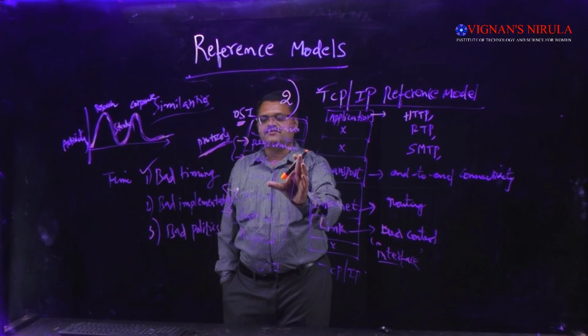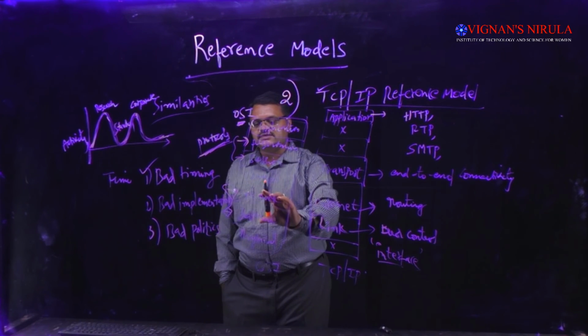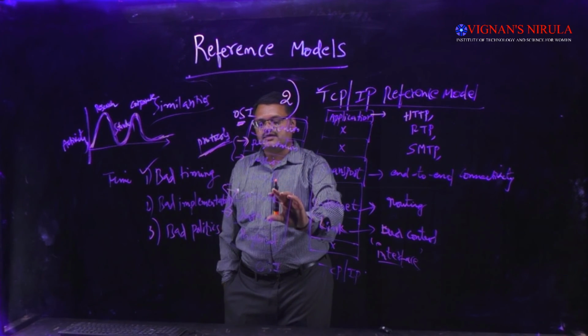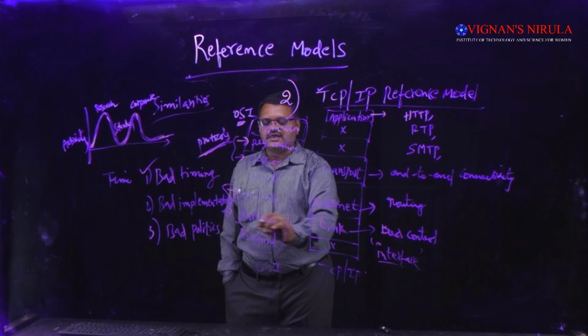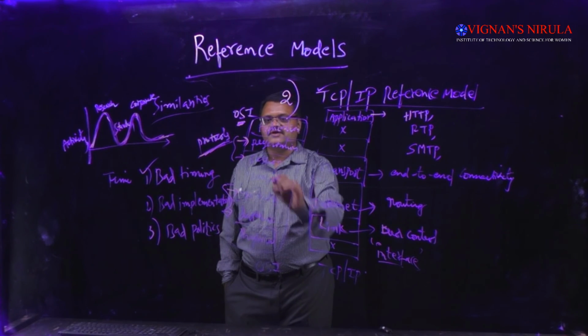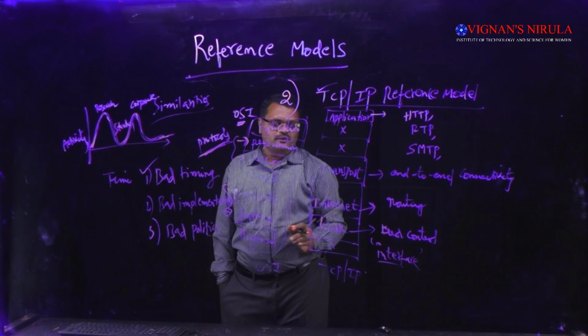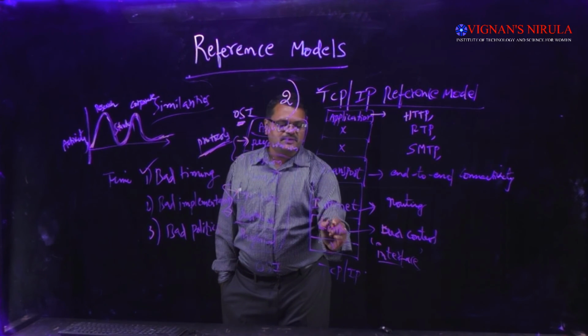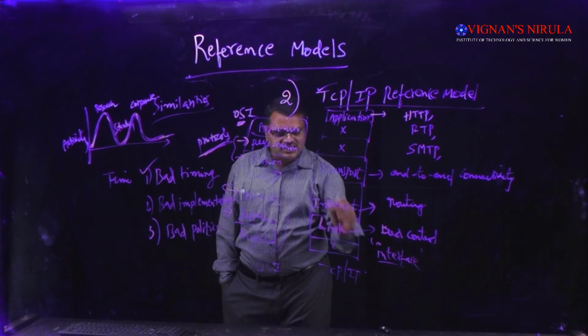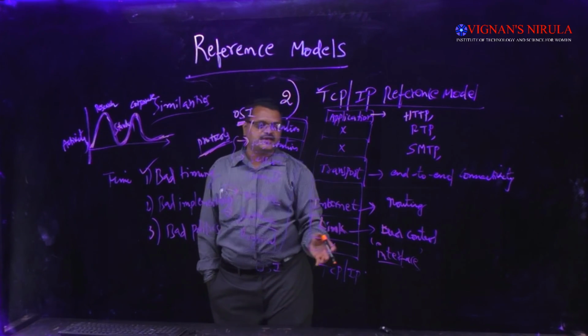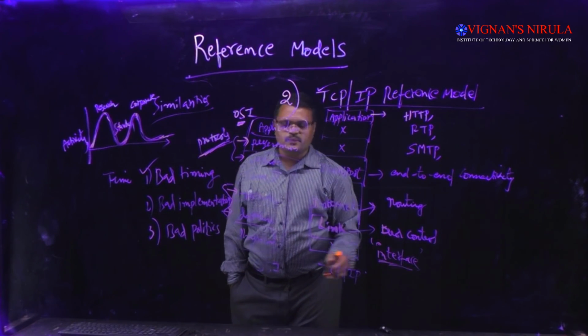But here the disadvantage is only that the majority of the load is performed by the data link and network, whereas presentation and session do very little work. And in TCP/IP, link is not actually a layer. It is just an interface.